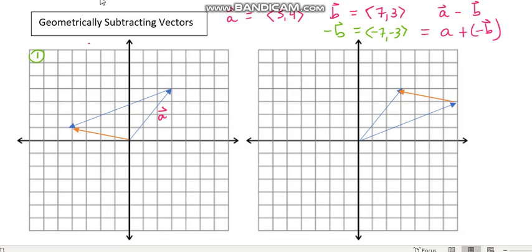And from the head of vector A, I've drawn the opposite of vector B, because it'll be A plus negative B. And here is negative B. And then the resultant vector, the difference, really A minus B, which is what we're looking for, is this vector in orange, which is the vector A minus B. And you can see it has components counting from where you started, which is at the origin, negative 4, 1.